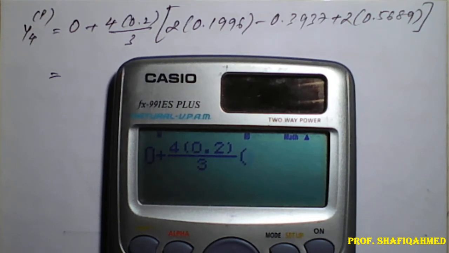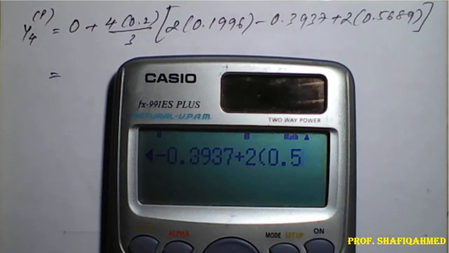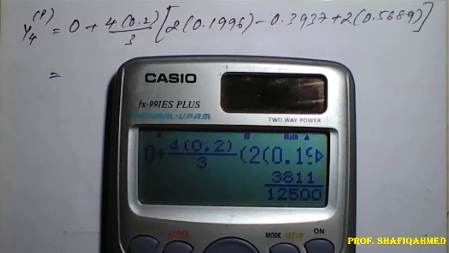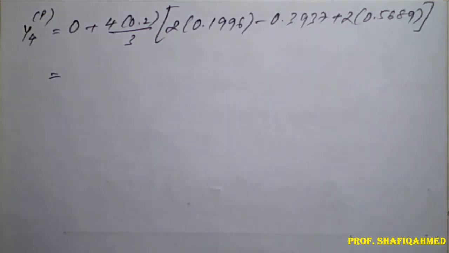Next bracket 2 into 0.1996, close the bracket, minus 0.3937 plus 2 times 0.5689, close the bracket properly, and equal to sign. So you will get the answer 0.30488. Up to 4 decimal places I want to round up, so it will become 0.3049. That answer we will mention here.